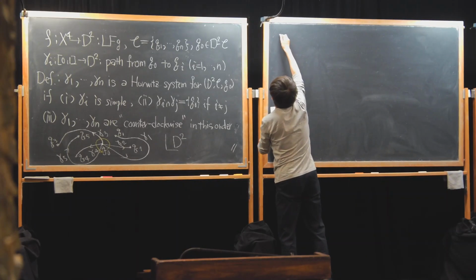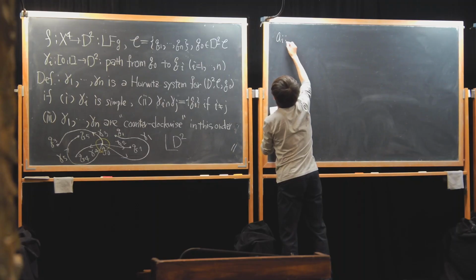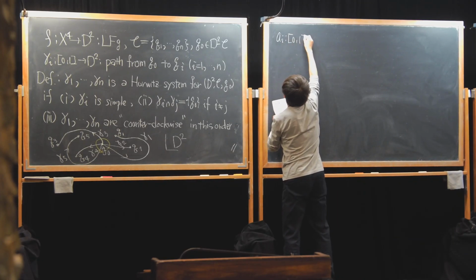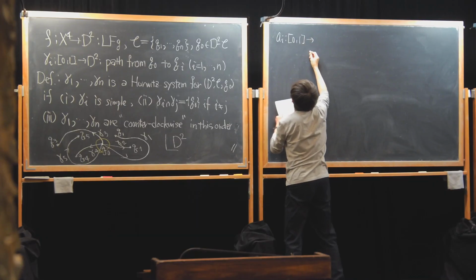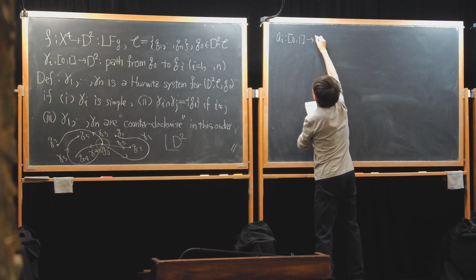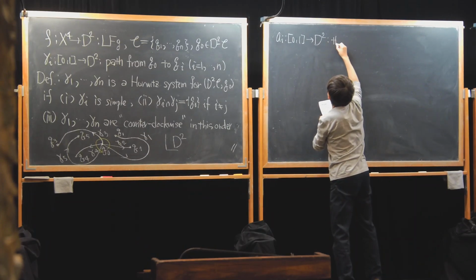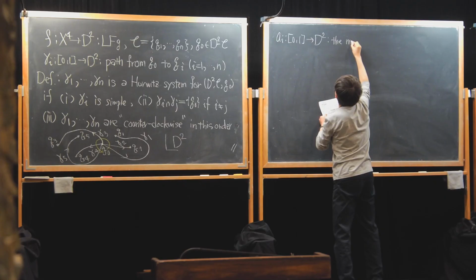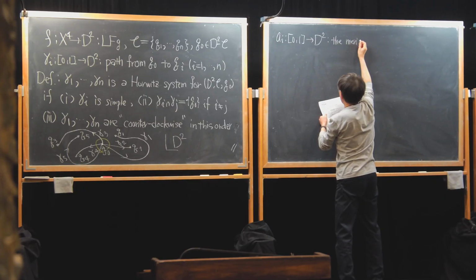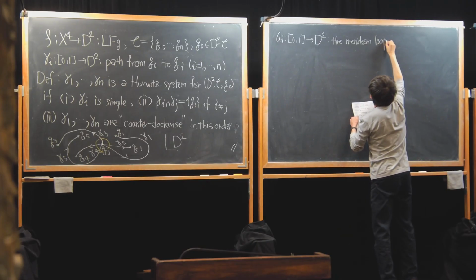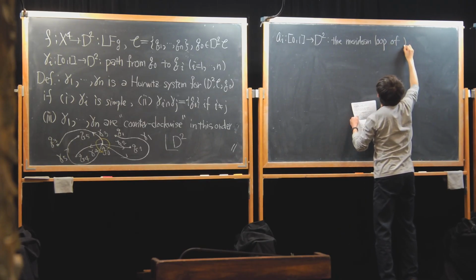Next, a_i, a map from the interval to D2. This is a loop, the so-called meridian loop of some i.